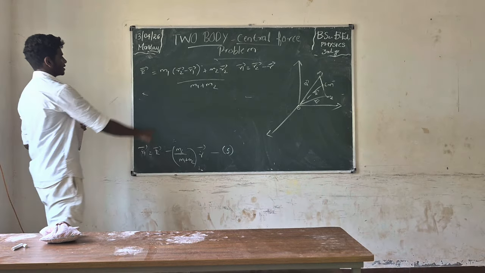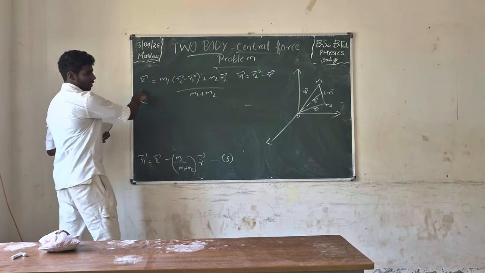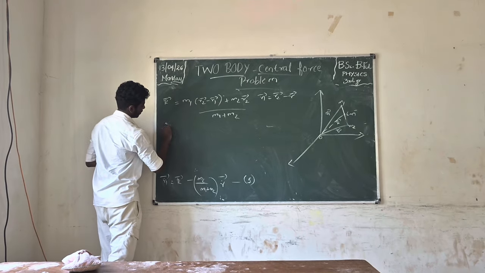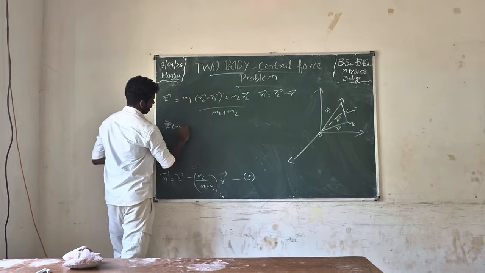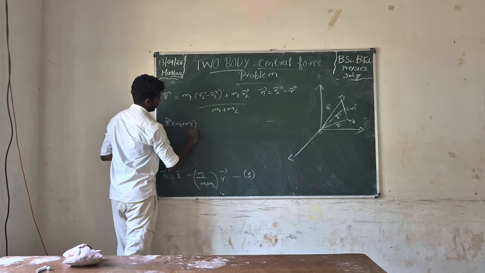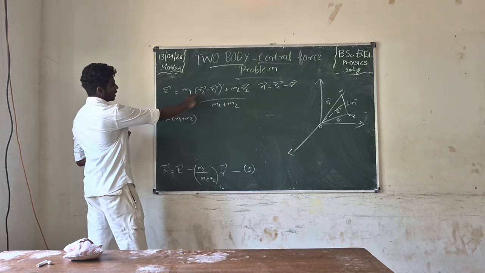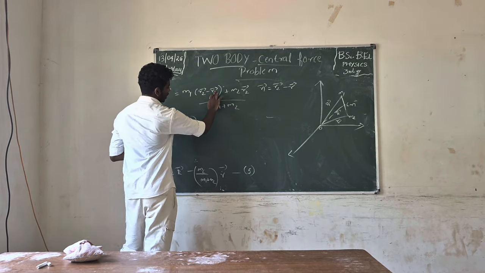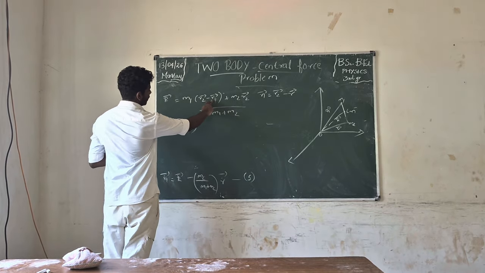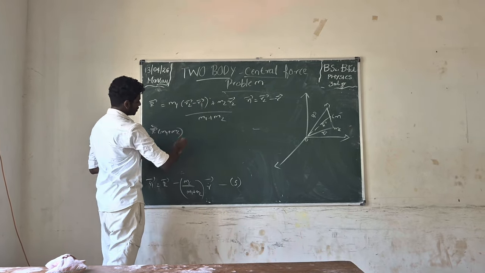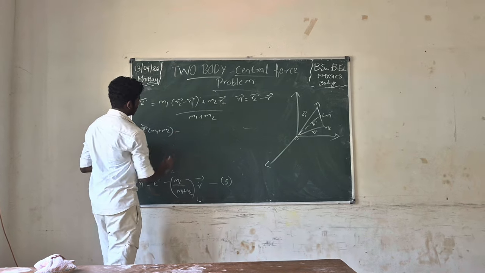So here also we expand this and take it to the left side. We can write R into m1 plus m2, and expanding, we can take m1 r2 to this side, because r2 will be common here. I am doing that directly to reduce one step.